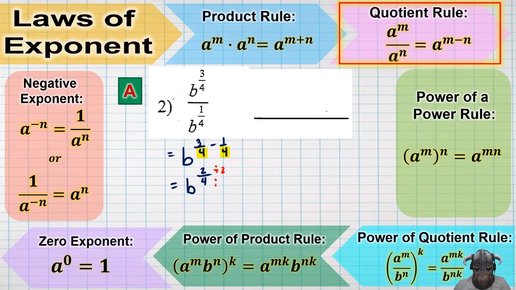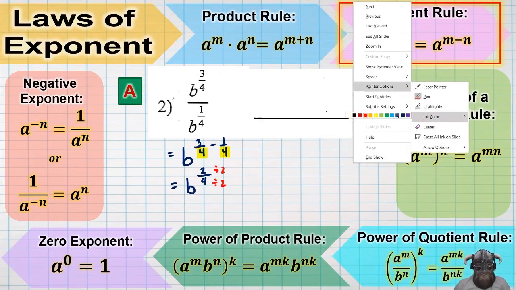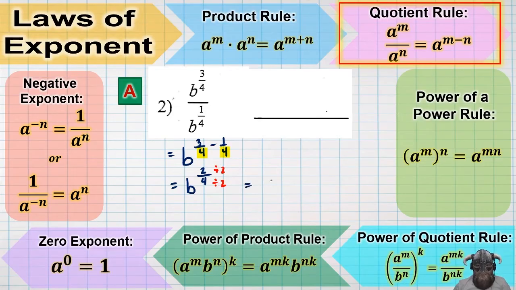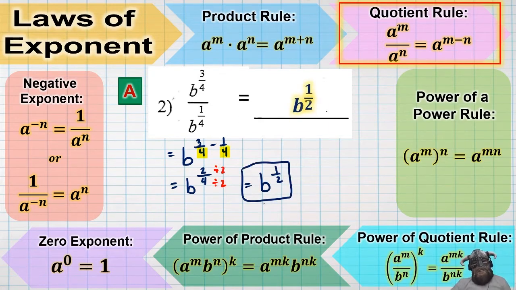So, we divide both of them by 2. Therefore, the exponent will be 1/2 because 2 divided by 2 is 1 and 4 divided by 2 is 2. So, the answer will be b raised to 1/2. Okay, let's check if our answer is correct. Okay, tama.